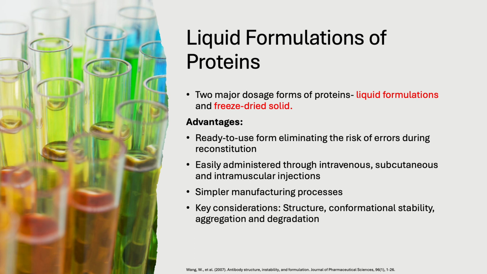So, there are key considerations for liquid formulations such as stability, aggregation, and degradation. Antibodies are prone to various degradation pathways such as deamidation, oxidation, and hydrolysis, which can compromise their structural integrity and biological activity.